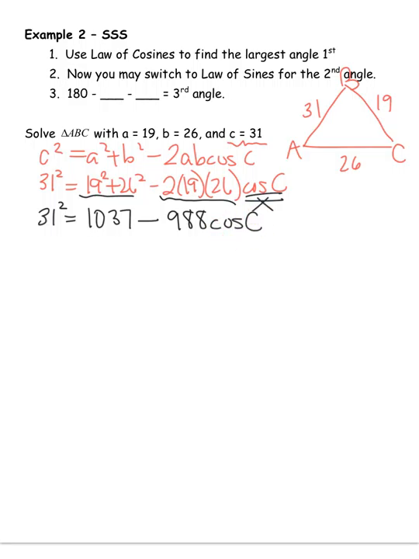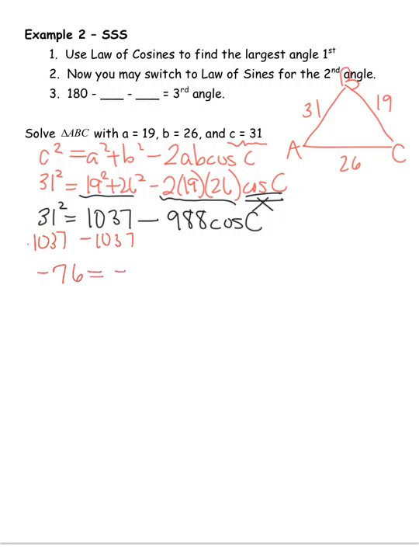And so instead of putting these two numbers together, I'm actually going to move my 1037 to the other side. So I'm going to subtract 1037, I should say. So 31 squared minus 1037 is negative 76.